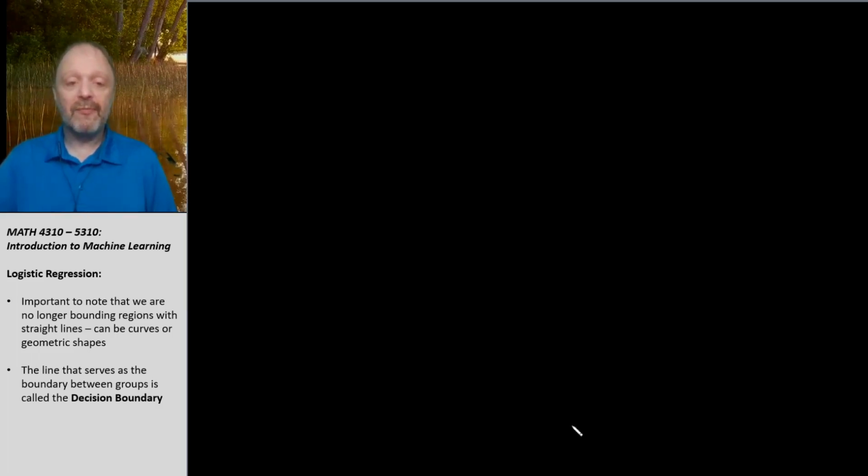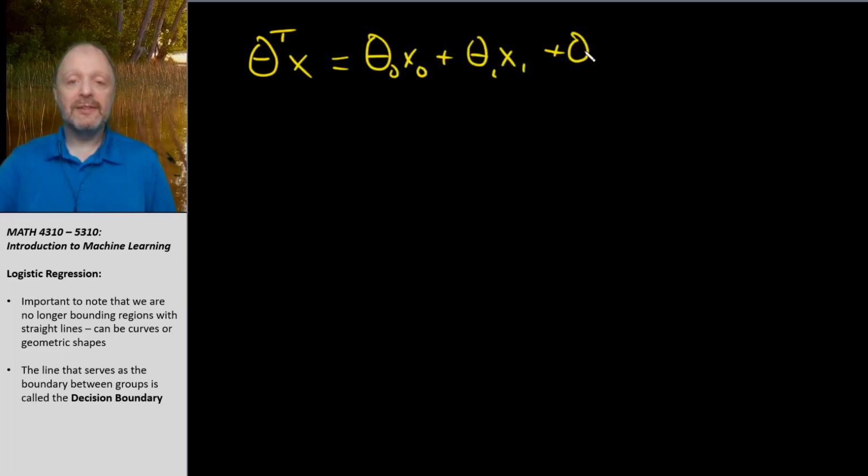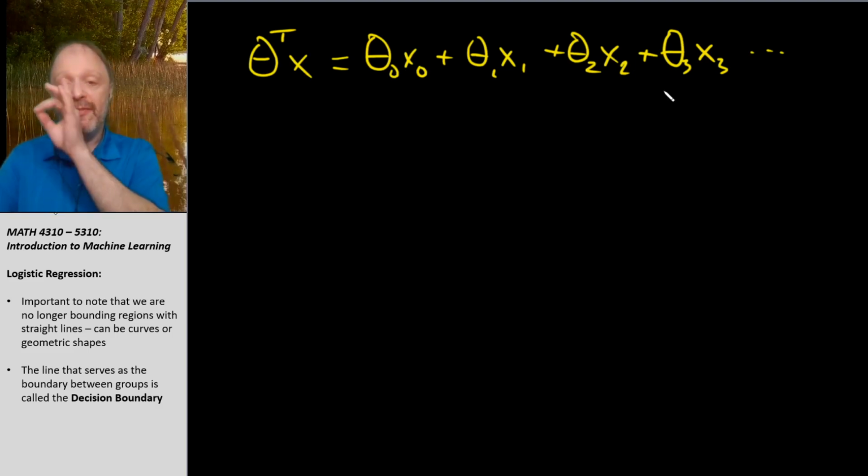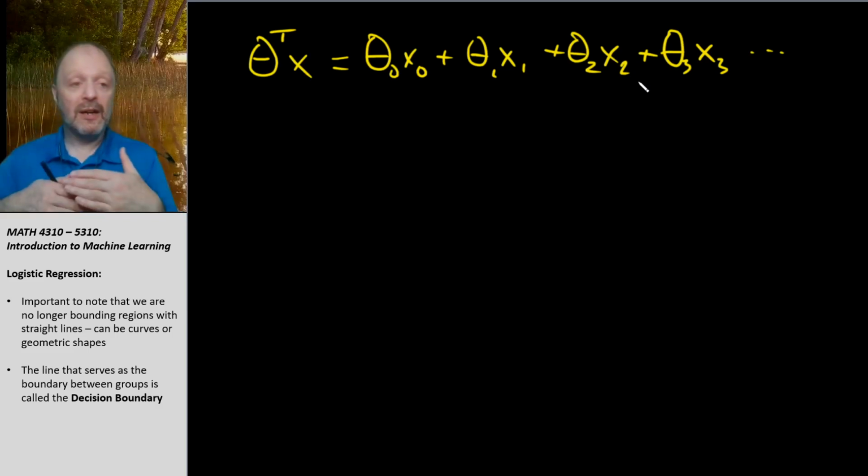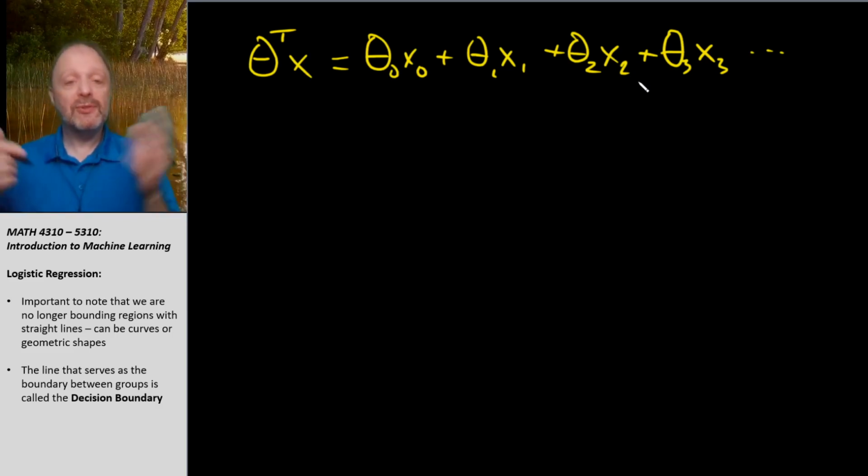Remember, theta transpose x is theta 0 x0 plus theta 1 x1 plus theta 2 x2 plus theta 3 x3 and so on, right? So this is setting a line in linear regression that fits the data the best, because we had our whole cost function, which is looking to see how close our line was to most of the data points. So that's what's going on in linear regression.